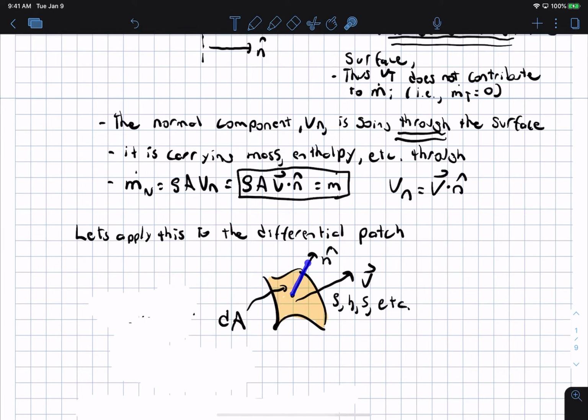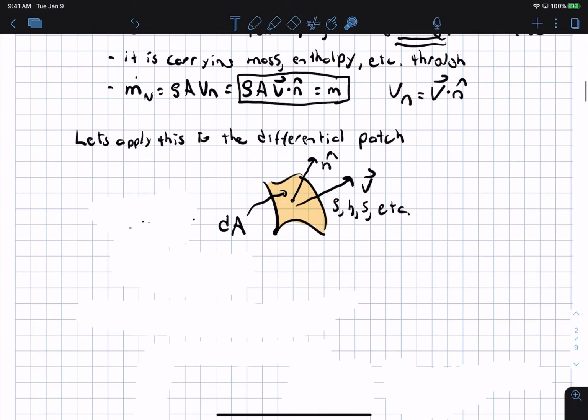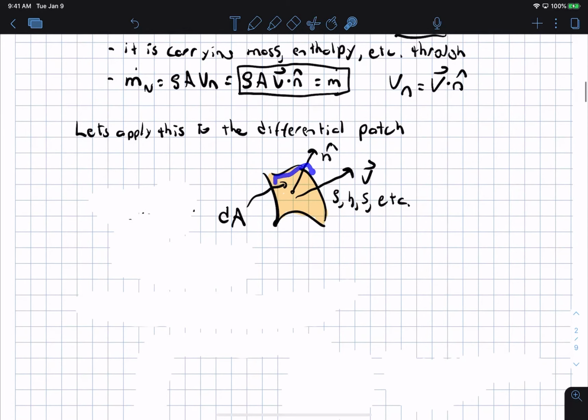So we had n hat and the velocity vector v. Based on the result that I just showed you, what is the mass flow rate flowing through this small differential patch of area dA?